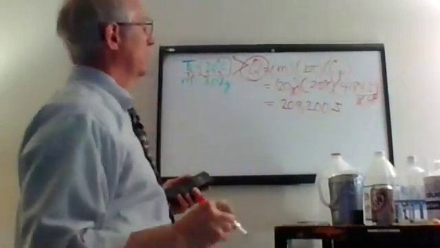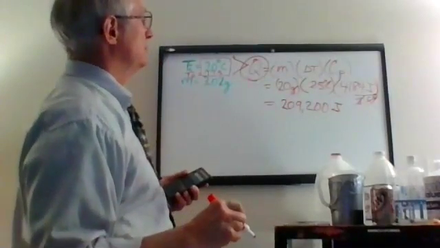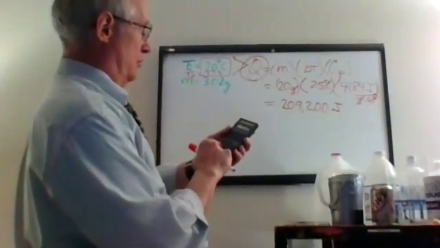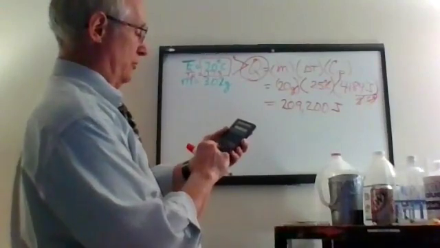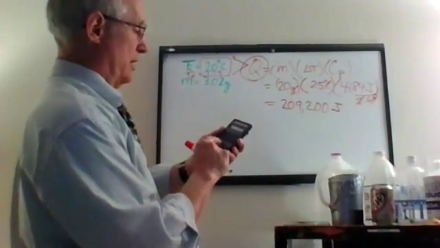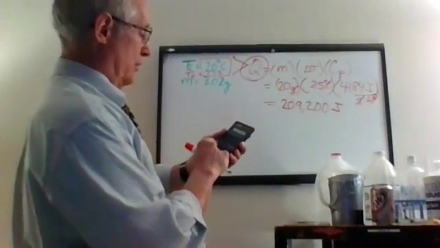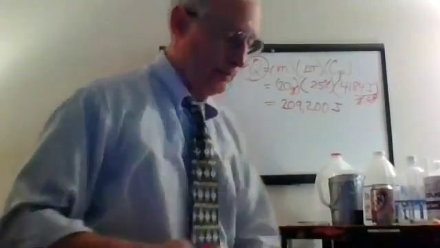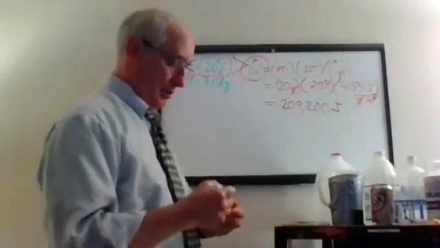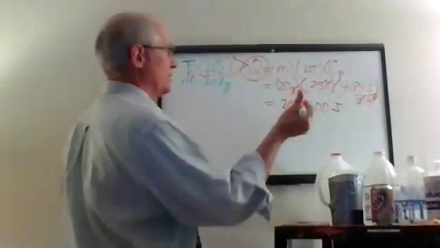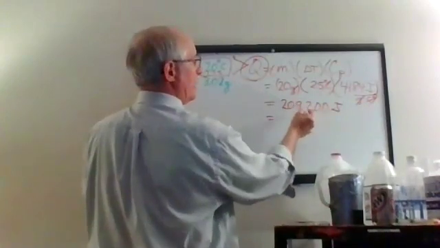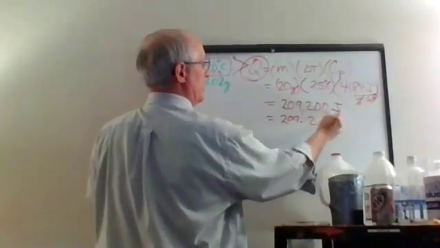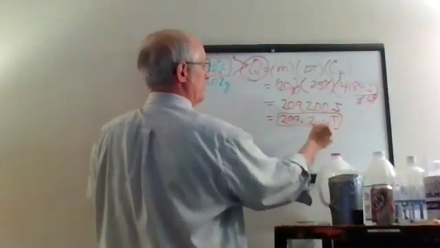Did I get that right? I'm going to do that again to make sure: 20 times 2.5 times 4.184. Yep. Okay. Now let's change that to kilojoules. Divide by 1,000 and you get 209.2 kJ. That's one of our pieces of information.